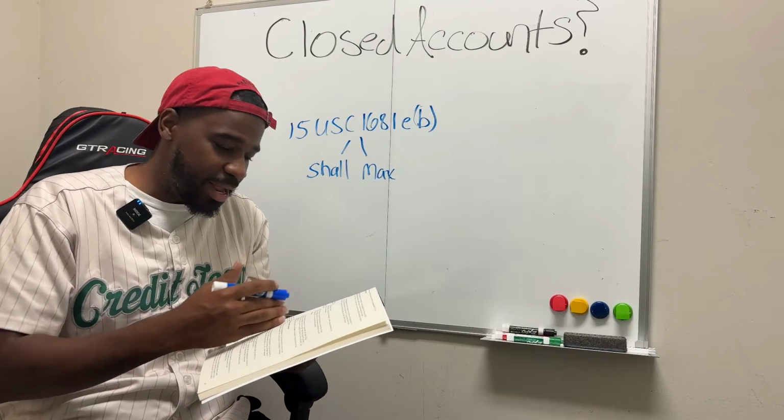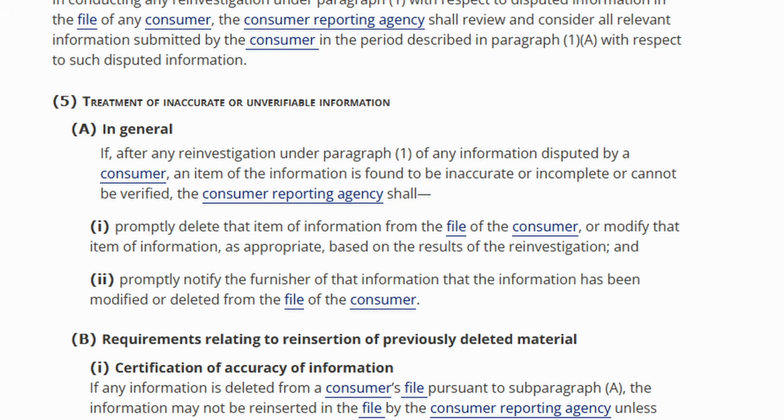Now we can go back to (a)(5), right? We just read that. Shall promptly delete the item of information from the file of the consumer or modify that information as appropriate based on the results of the reinvestigation and promptly notify the furnisher that the information has been modified or deleted from the file of the consumer.